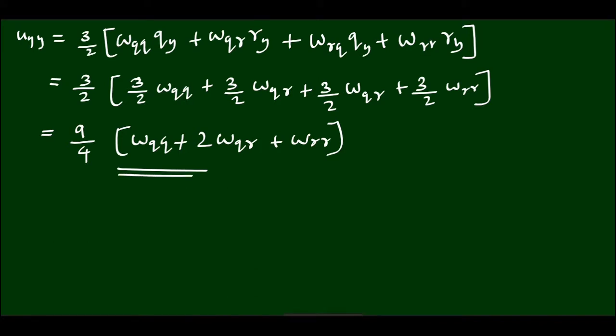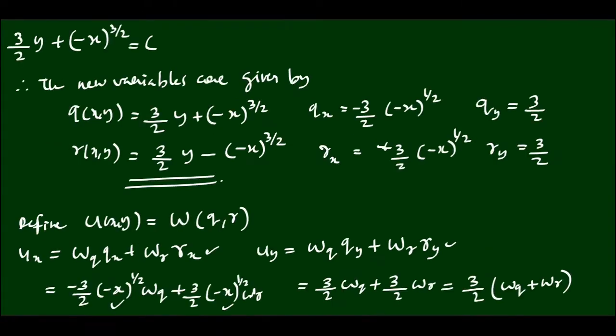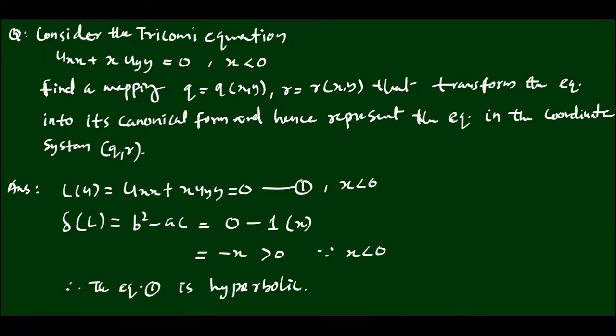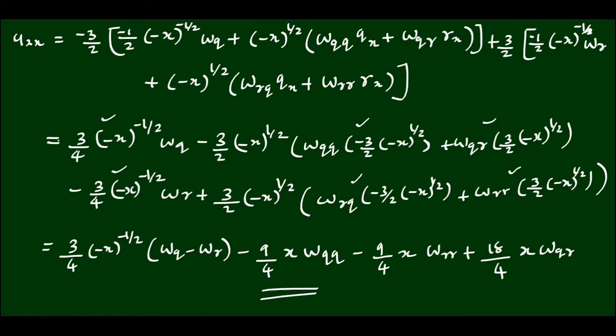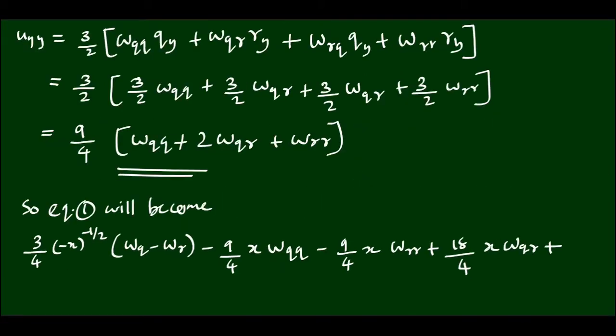So now we can substitute uxx and uyy in the Tricomi equation, uxx plus x uyy equal to 0. uxx is this and uyy is this. So equation 1 will be uxx plus x into uyy. uyy is this term.